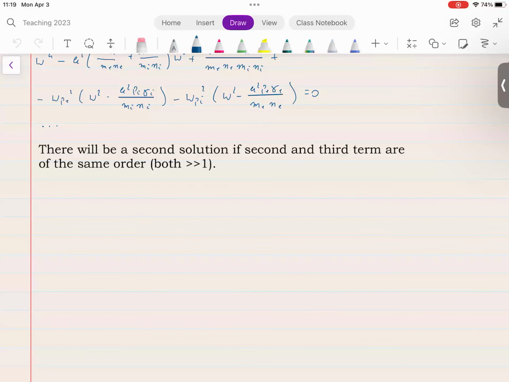In summary, what we have to keep for the approximate dispersion relation is the following: minus omega plasma electrons squared divided by minus k squared Pe gamma E divided by Me and E, minus omega Pi squared divided by omega squared minus k squared Pi gamma I divided by Mi and I, and all of this must be equal to 0.